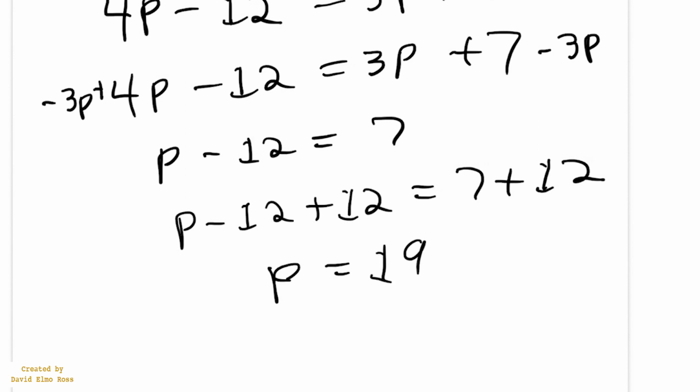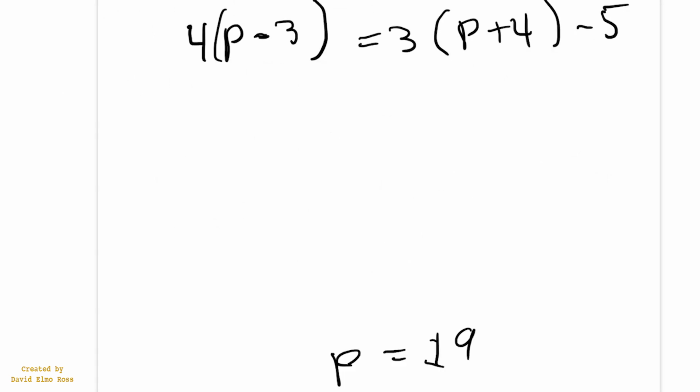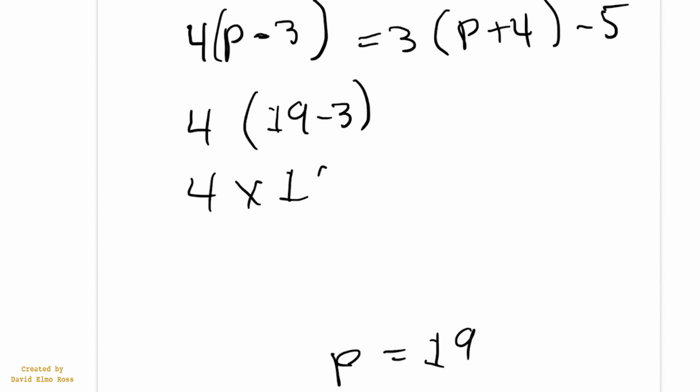Now what we can do is, again, check. And so let's check the left side. So this is going to be 4 times 19 minus 3, which is 4 times 16, which is 64.